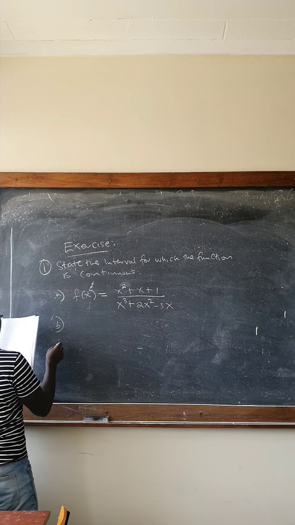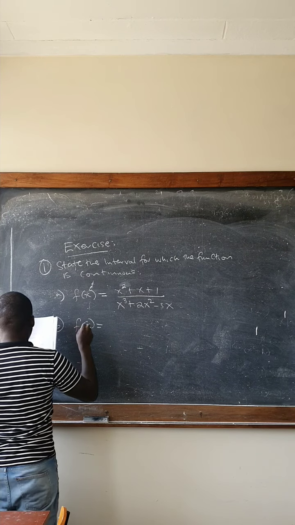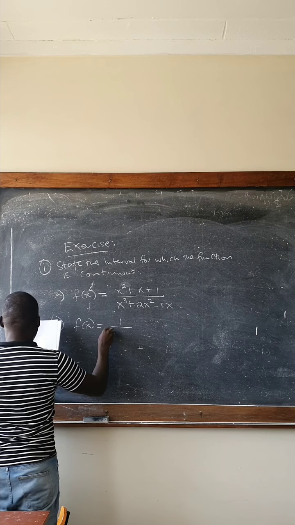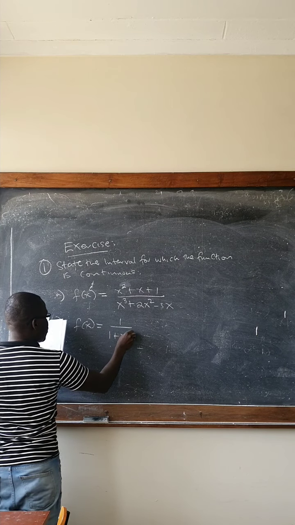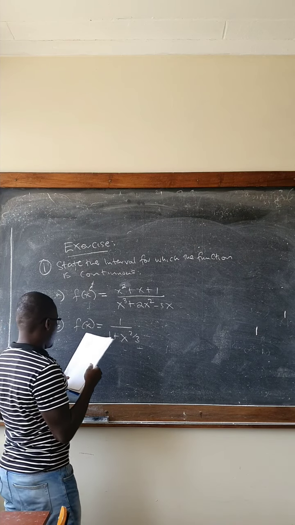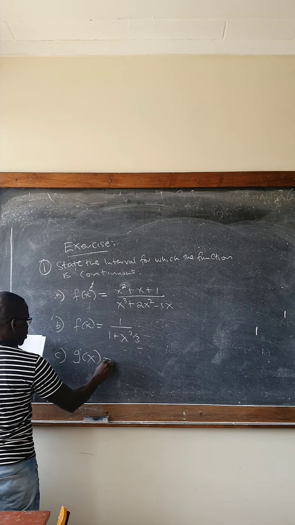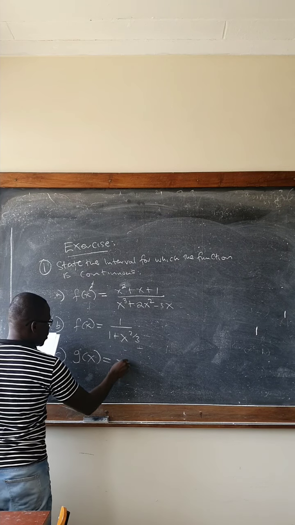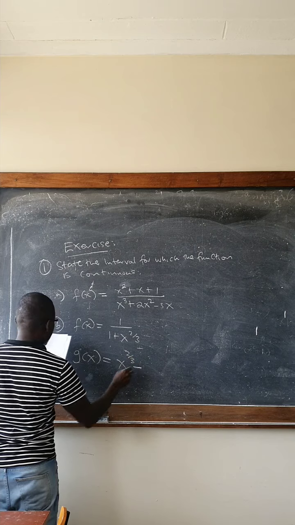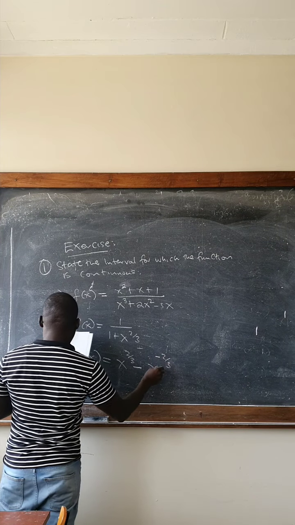Part B, for example, you can have f of x is equal to 1 out of 1 plus x to the power 2 over 3. C, for example, you have a g of x which is equal to x to the power 2 over 3 minus x to the power negative 2 over 3.